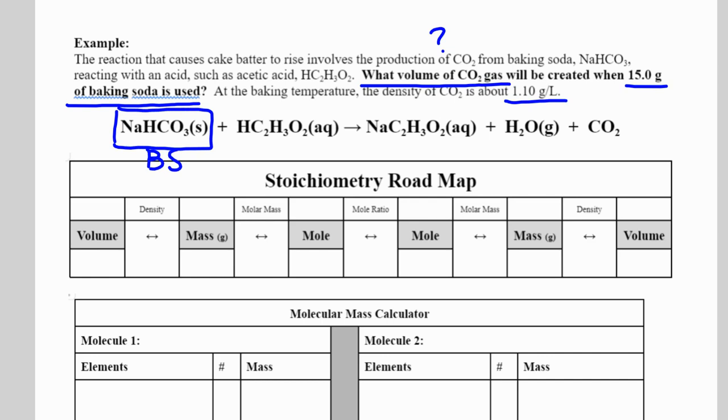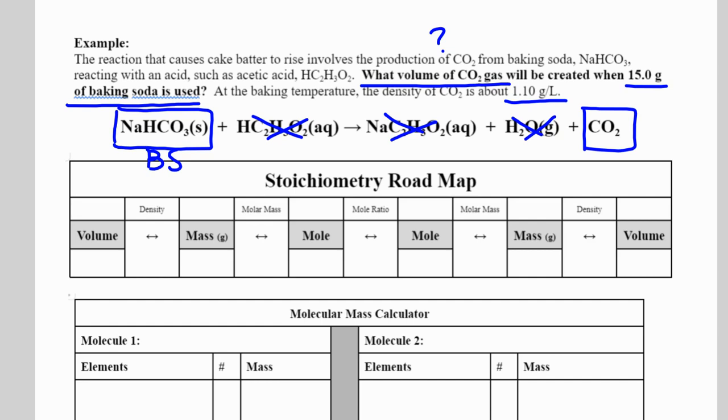And we are also interested in carbon dioxide, specifically what volume of carbon dioxide is going to be made. So for this particular problem, we can ignore all of the rest of these chemicals, which are certainly involved, but are not relevant to this mathematical relationship that we are exploring here.